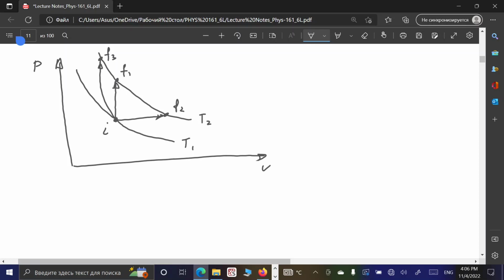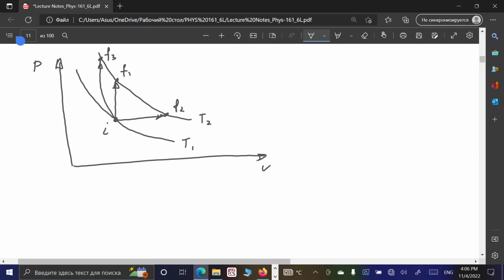And of course, if volume doesn't change, it will be equal to 0. So actually, this is the area under this curve, which describes the process.